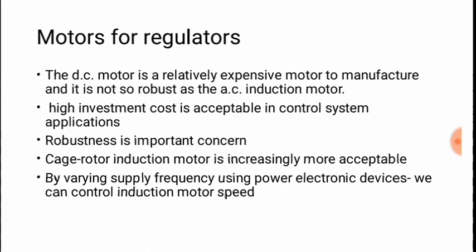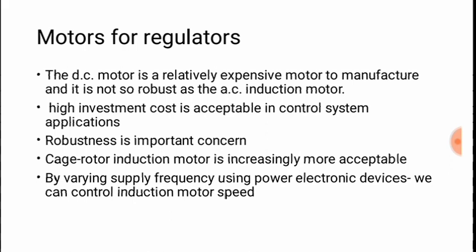But if you are using an induction motor, its lifespan will be much higher than that of a DC machine. So, generally, in most industries, the best motor to be used is the three-phase cage rotor induction motor.